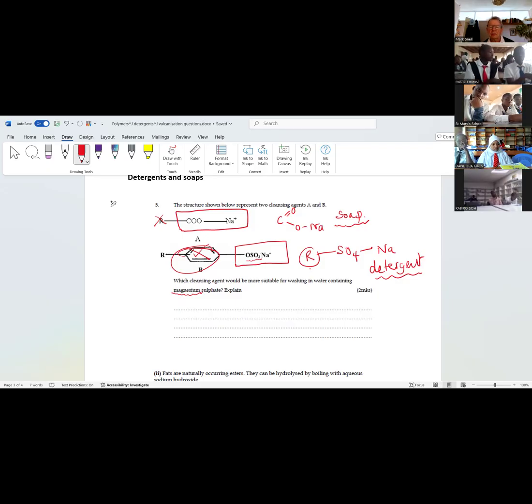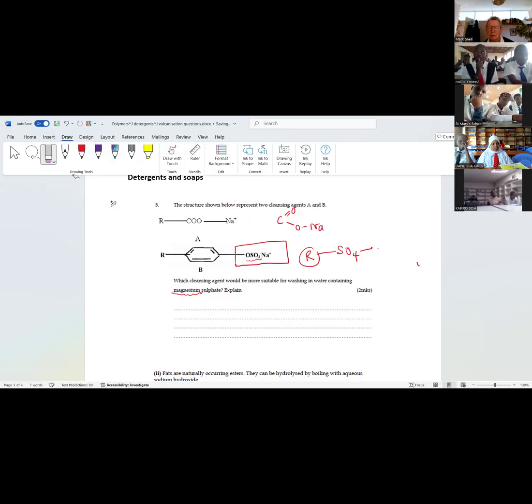Let me just, oops, why can I not do that? Okay. So I'm just going to get rid of all the bits which are unimportant now. Okay. Now what happens is this.